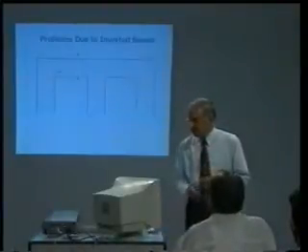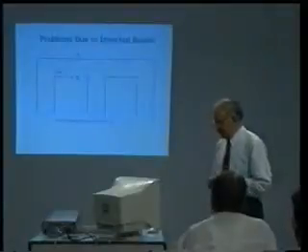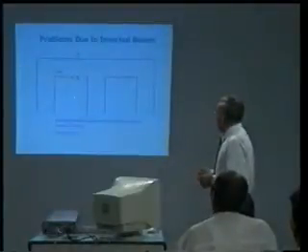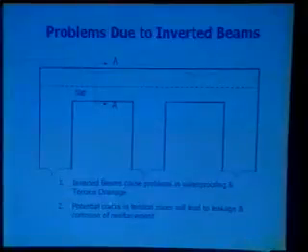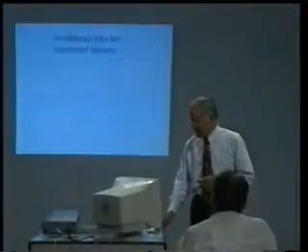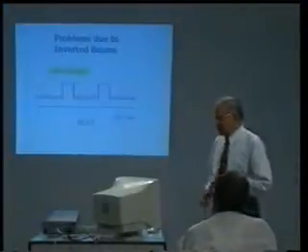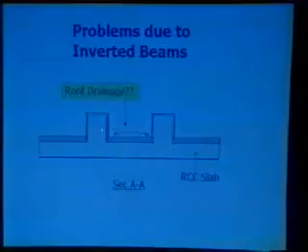Now, the problem of inverted beams, gentlemen, they cause problems in waterproofing and terrace drainage, and the potential cracks in the tension zone will lead to leakage and corrosion of reinforcement. This will be further amplified in the next slide. You have the problems of roof drainage. What happens to the water that gets accumulated over here?